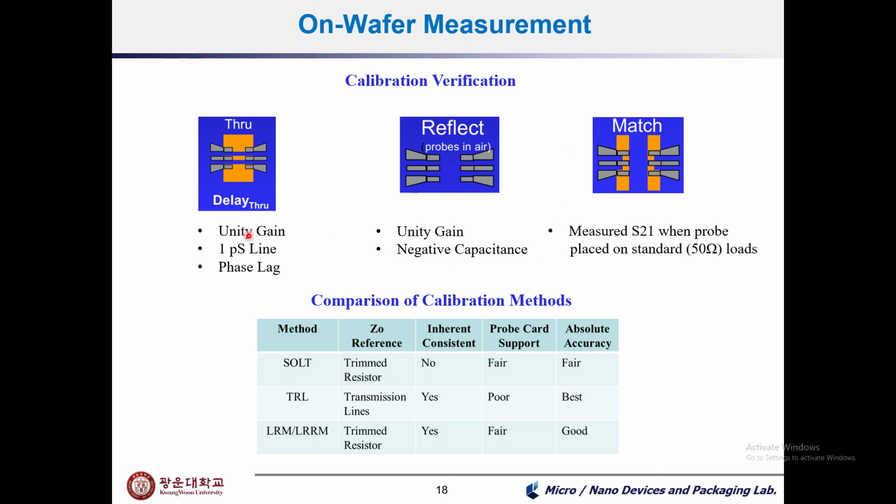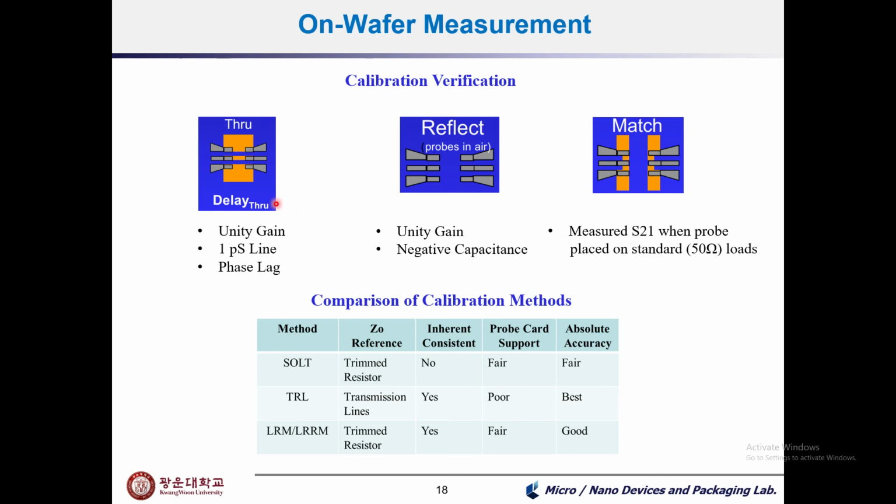Especially some parameters are already set. So in case of the through, reflect, and the mesh, we need to reference the calibrated data with these parameters for the calibration verification.